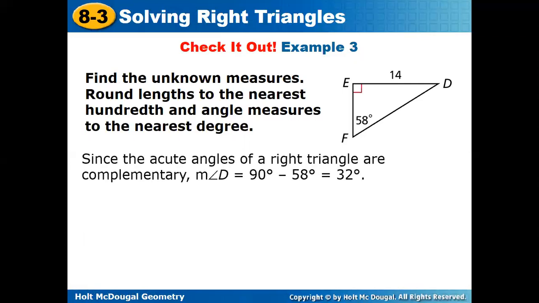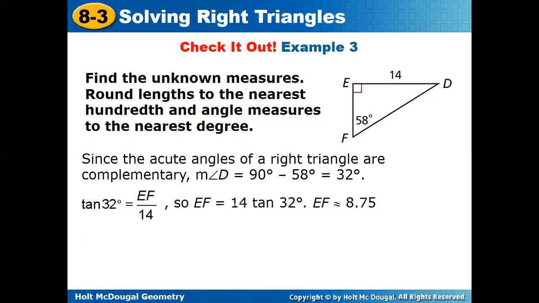Now check the answer. If you know an acute angle in the right triangle, you can find the third angle. Yes, 90 minus 58, which is 32 degrees. Now I can use any of the ratios like sine, cosine or tan.